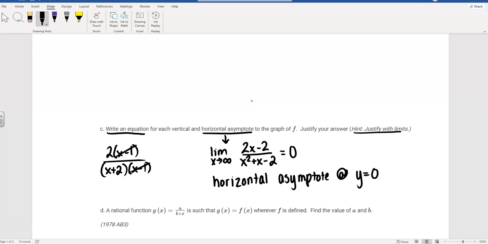So you have a hole at x equals 1. It didn't ask you about that. You would say that there's a vertical asymptote at x equals negative 2. So that would be sufficient evidence for me here. I can live without limit notation on the verticals, but the horizontal you definitely have to have it. All right.